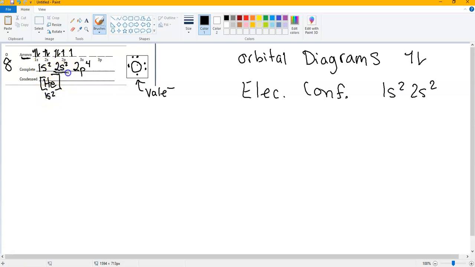So then I would pick up with 2s2, 2p4. So how you write the condensed electron configuration is you find the noble gas that's right before your element. You are then going to replace its part of the configuration with a bracket, and then you just write out the rest of it behind it. And so that's how you do condensed electron configurations.